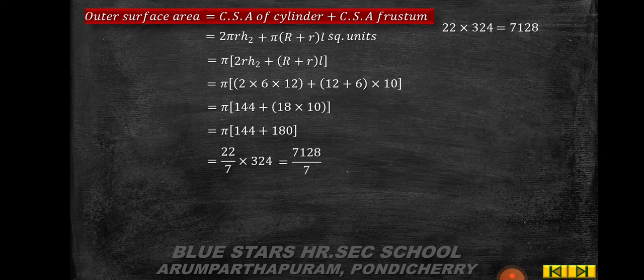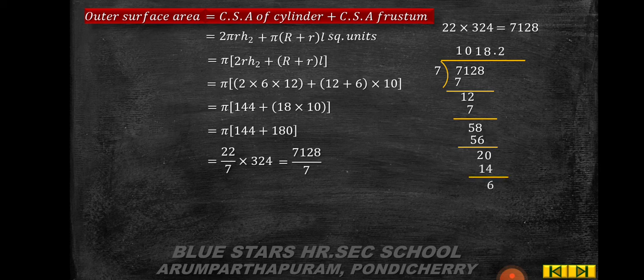7128. So 7128 by 7. 1 times 7, then 12, add 1 0, again 1 times 12 minus 7 is 5, so 58, 8 times 56, the remainder is 2, put the decimal, add 1 0, so 2 times 14, remainder is 6, add 1 0, 8 times 56, which is equal to 1018.28.